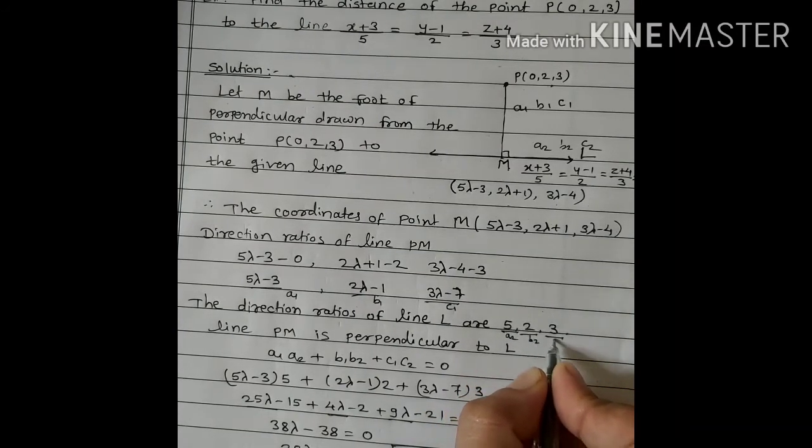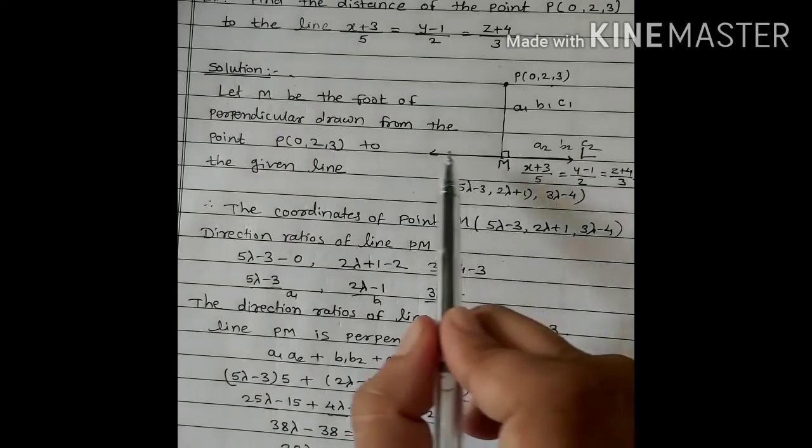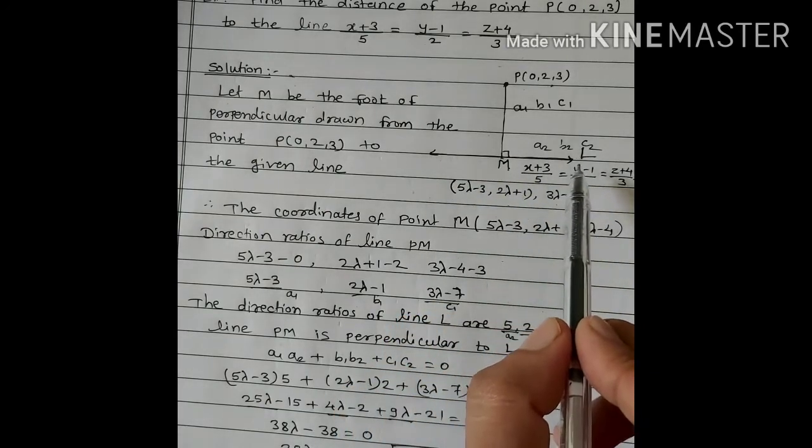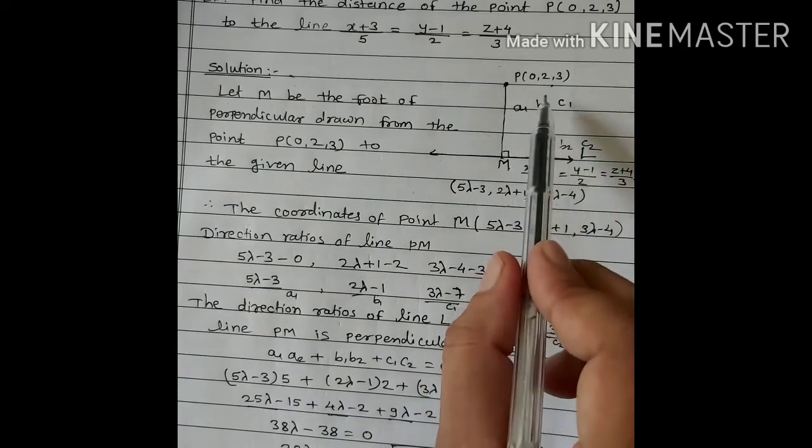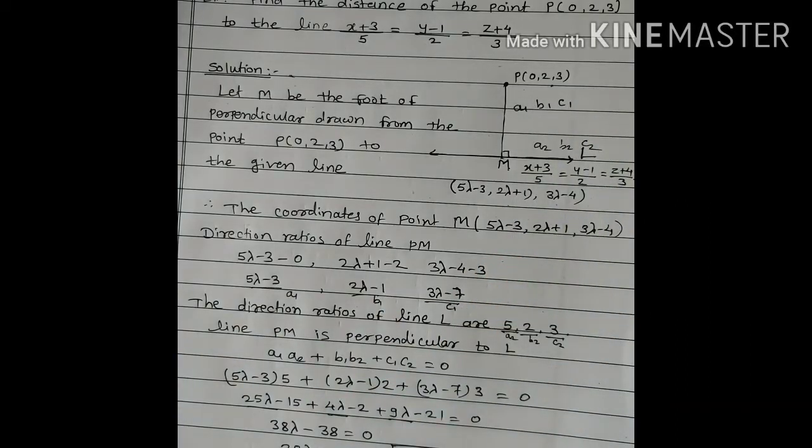And one more basic concept that you know: if lines are perpendicular, then the value A1 A2 plus B1 B2 plus C1 C2 in terms of direction ratios is always 0. Then we substituted values for direction ratios A1, B1, C1 and A2, B2, C2.